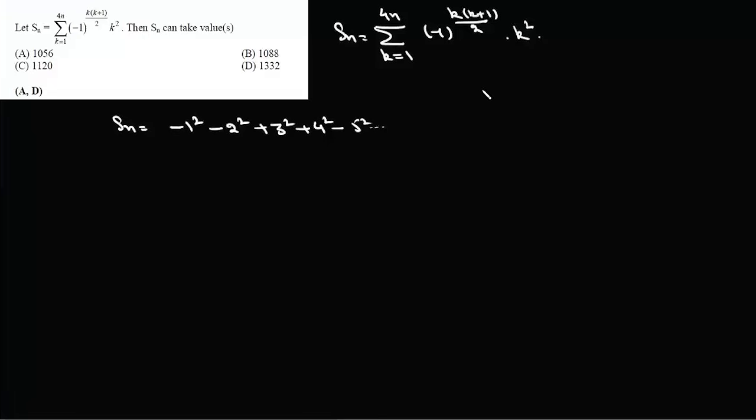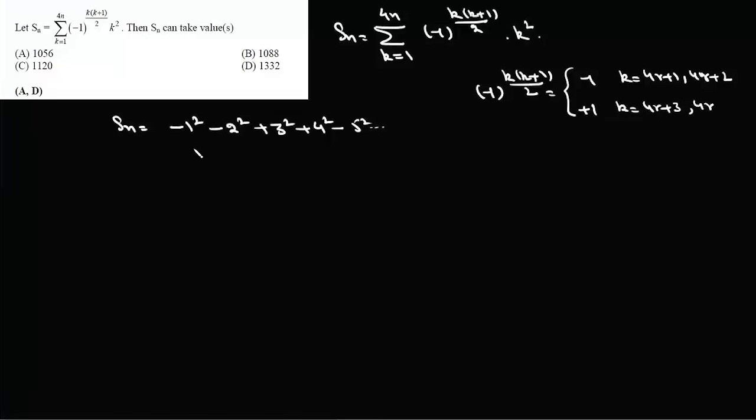So essentially, this minus 1 to the power k into k plus 1 by 2 will be minus 1 if k is of the form 4r plus 1 or 4r plus 2, and it will be plus 1 if k is 4r plus 3 and 4r.